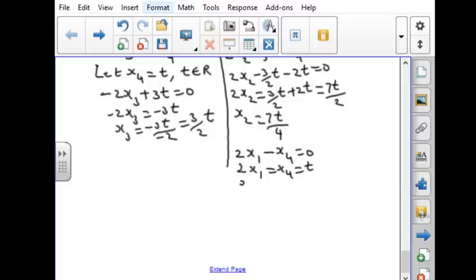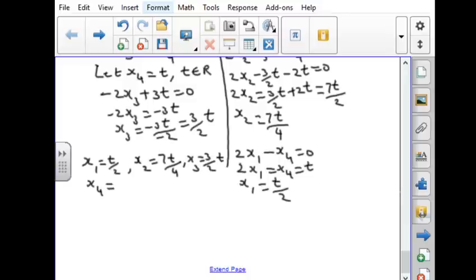So x1 is equal to t by 2. So now we have got x1 is equal to t by 2, x2 is equal to 7t by 4, x3 is equal to 3 by 2 t and x4 is equal to t.